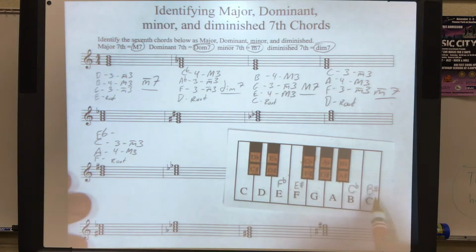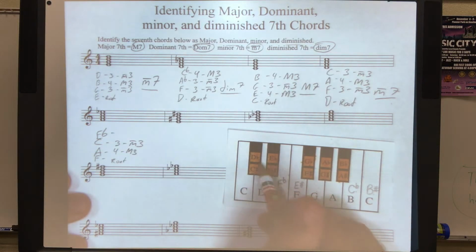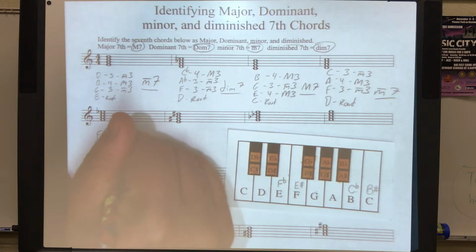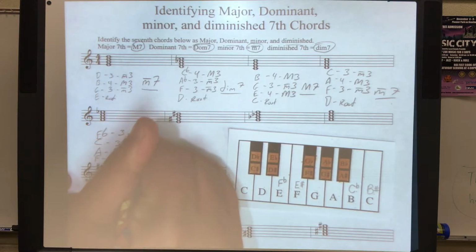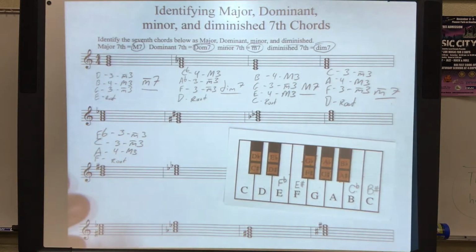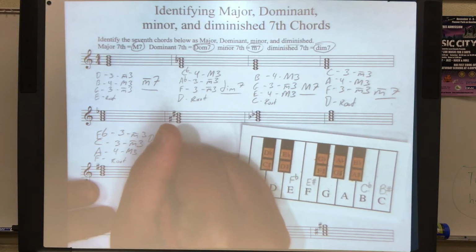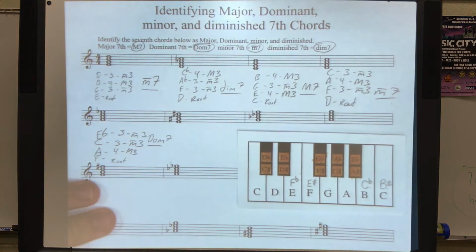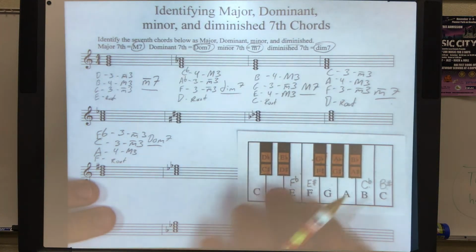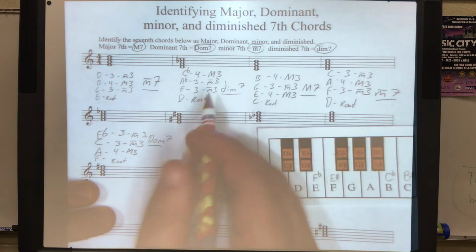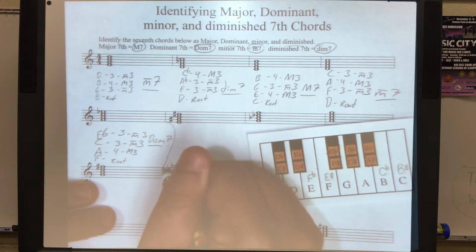And then C to E flat, 1, 2, 3. So we end up with root, major third, minor third, minor third, making this a dominant 7th chord. Dominant 7th chord. Next one, put a little separation there.